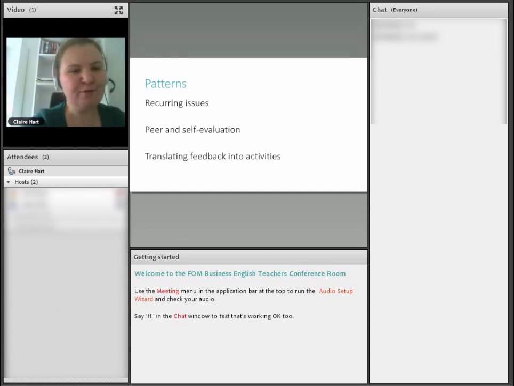It then has to be translated into activities. For example, going back to the example I mentioned before from yesterday, with the group that were having problems with prepositions, I translated that into a short little activity or game where I took some blank pieces of paper that I had in my folder. I wrote alternately on them at, in, and on. So one piece of paper with at, one with in, one with on.